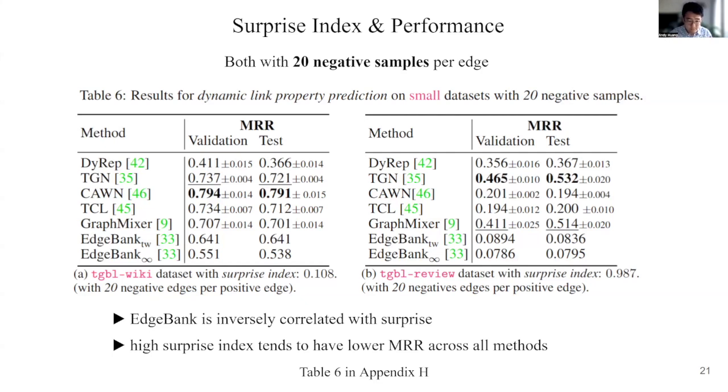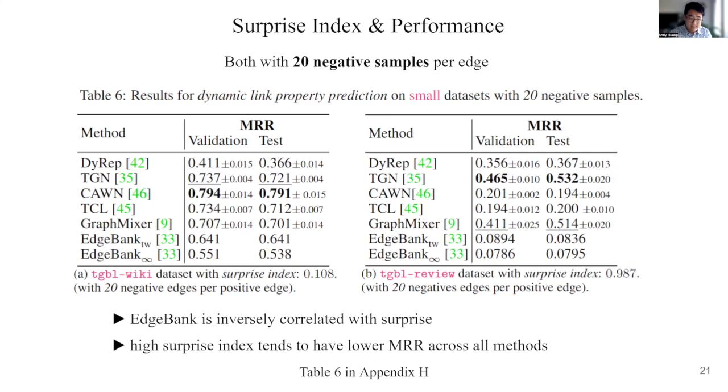On the left is a dataset with low surprise index, which is also the very commonly used Wikipedia dataset from the TGN paper. And then we also have the review dataset, which is a new dataset that we propose in this work. And it has a very high surprise index. That means a lot of the edges are not seen during training.